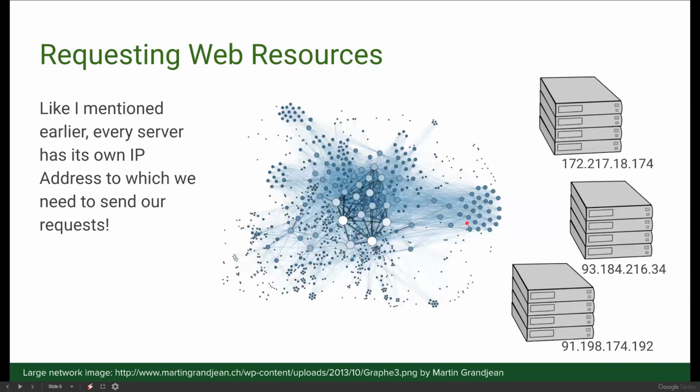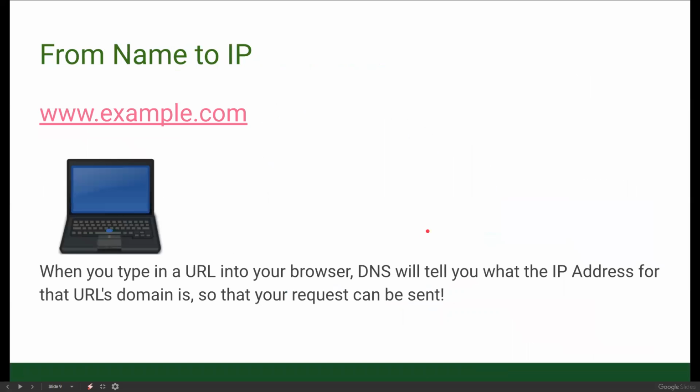So, like we mentioned earlier, every server has their own IP address where we need to send our requests if we are going to be getting any resources. So, we need to translate our name to an IP address with DNS.